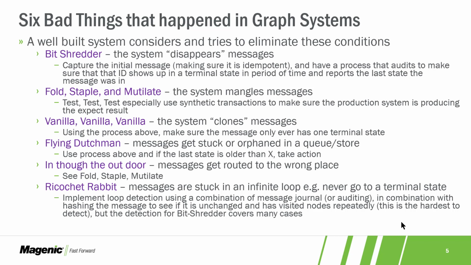If you have a scenario where workflow steps modify the message, especially if they don't persist the original message as a reference, then your workflows will go to odd places or just make no sense at all, because the messages have been through enrichment or translation, folded, stapled, and mutilated.